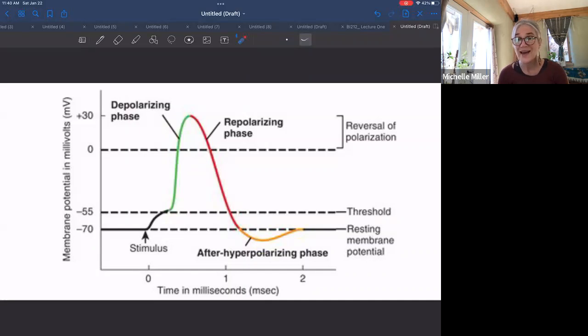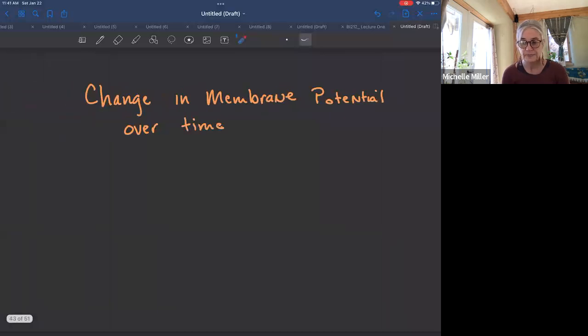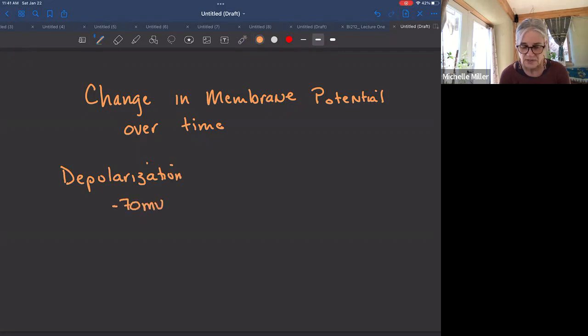So we're going to write down this process of depolarization, repolarization, and the importance of the threshold in activating an action potential. Okay. So the first step is depolarization. So this is where we're going from a -70 millivolts towards zero, and then we go to 30 millivolts.